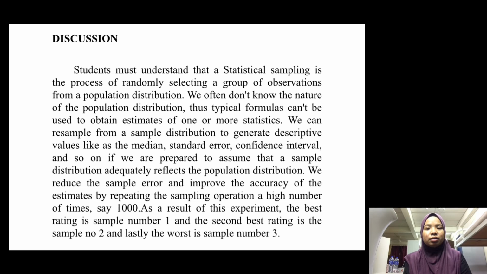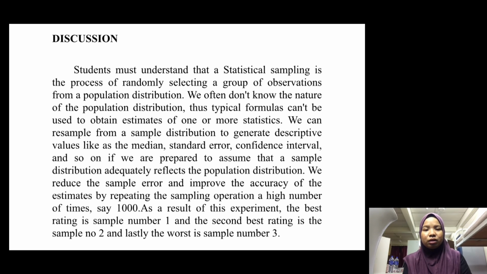We can sample from a sample distribution to generate descriptive values like the median, standard deviation, confidence interval, and so on. If we are prepared to assume that a sample distribution reflects the population distribution, we can reduce the sample error and improve the accuracy of the estimate by repeating the sampling operation a high number of times.